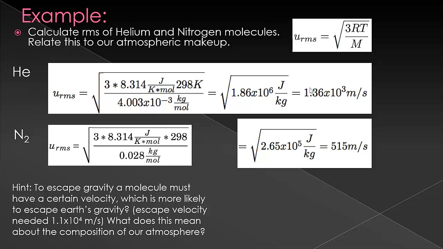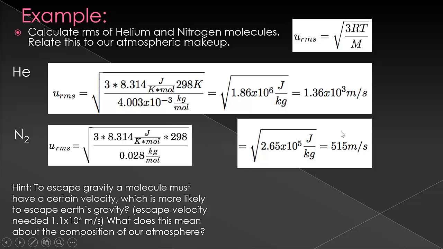Well, no matter what temperature we use, helium's always going to be faster than nitrogen if they're at the same temperature. And since this is much, much closer to the escape velocity needed, helium is able to escape Earth's gravity fairly easily. A large portion of this distribution will be over the escape velocity needed.